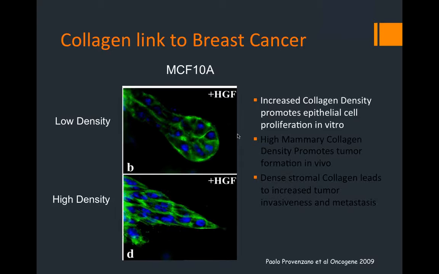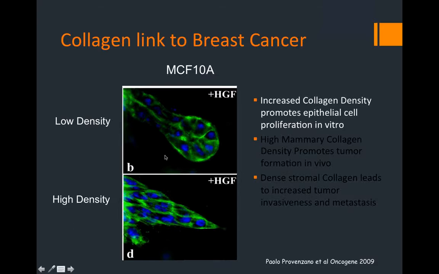First one is we took normal breast epithelial cells in vitro, these MCF10As, and we put them in a three-dimensional collagen matrix. And all we did was we changed the amount of collagen from low density to high density, and we significantly changed the phenotype of the cells.